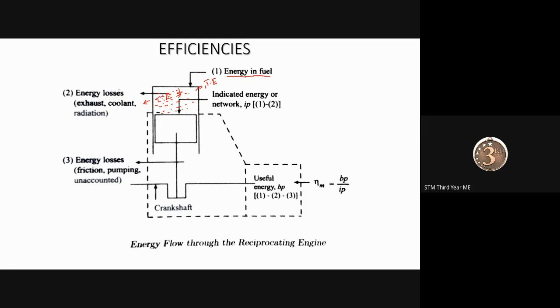We already discussed this, but you have to draw this diagram also, the energy flow through an engine, or through a reciprocating engine. After the reduction of the total energy in the form of exhaust, cooling and radiation effect, there arises the indicated power.